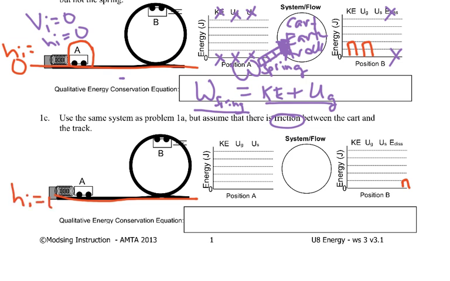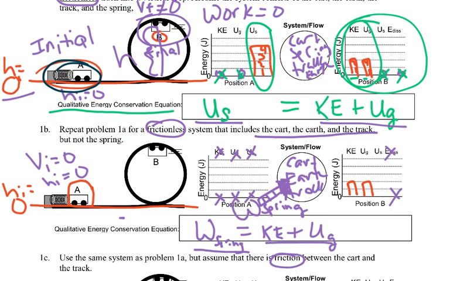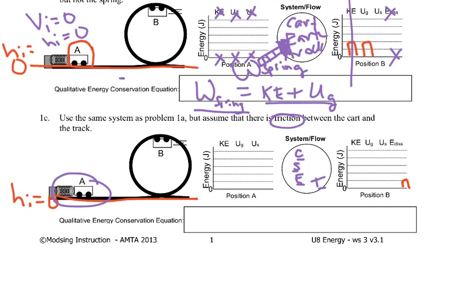Okay, so we're going to do initial height of 0. Now everything is back in the system, the cart, the spring, the earth, and the track. So cart, spring, earth, track are all inside the system now. So I'm looking at the total picture. So it goes back to looking just like the first one did, where I just had elastic potential energy.